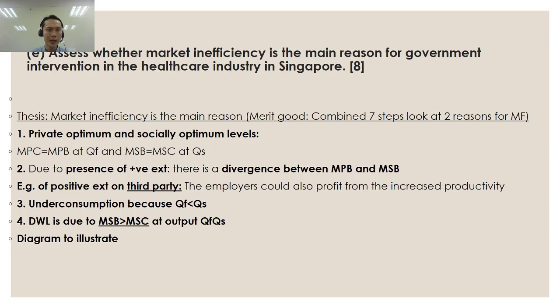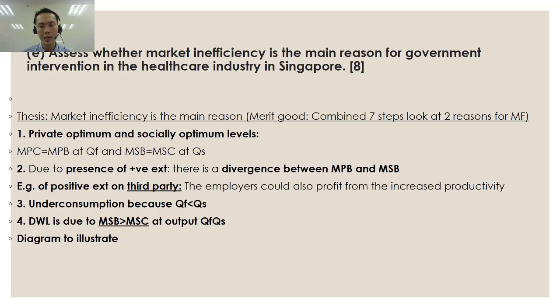As a result of that, healthcare services are usually under-consumed, where QF is less than QS. Thus, there's a deadweight loss triangle because MSB is more than MSC at output QF/QS. The last step is often what the student misses out upon.